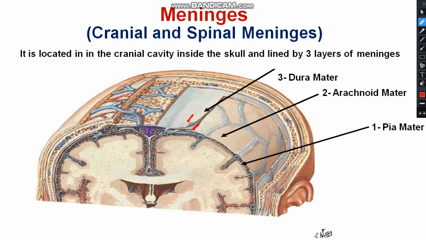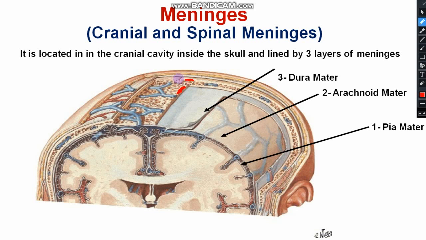Here is the dural venous sinus, and we can see the skull bone. This is the inner table of the skull bone, and this is the outer table of the skull bone.